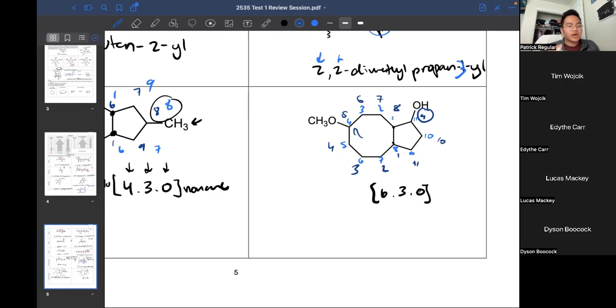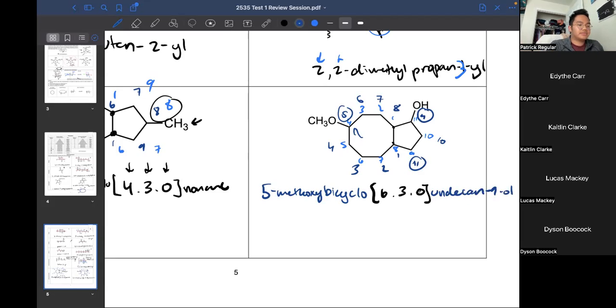But we still need to go in the direction that gives OH the smallest number possible, and that's with the navy. So if we use the navy, we would have a 5-methoxy bicyclo, and we use the total carbons present, undecane, 9-ol.